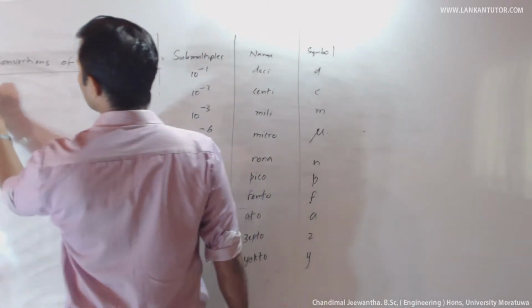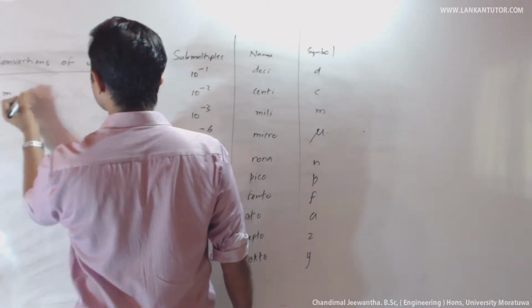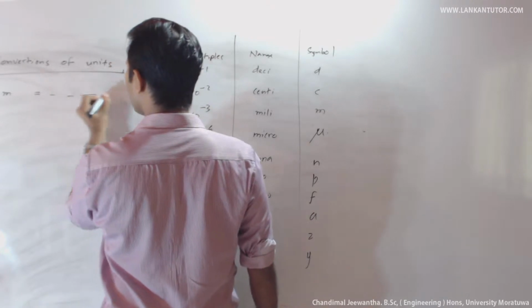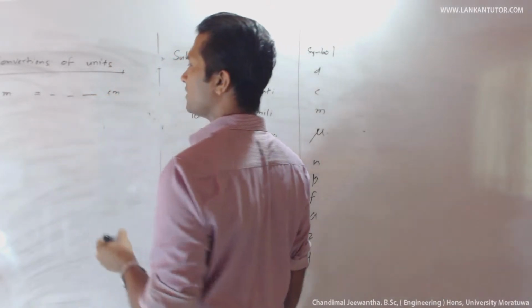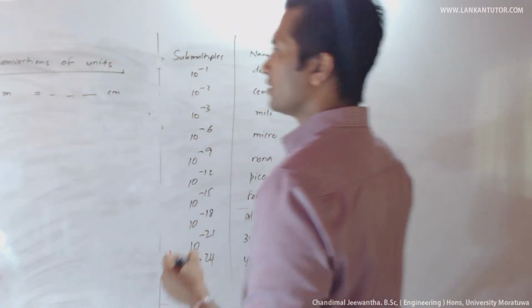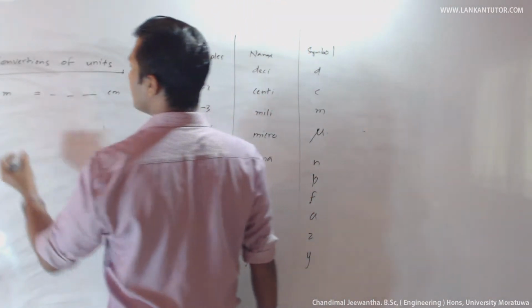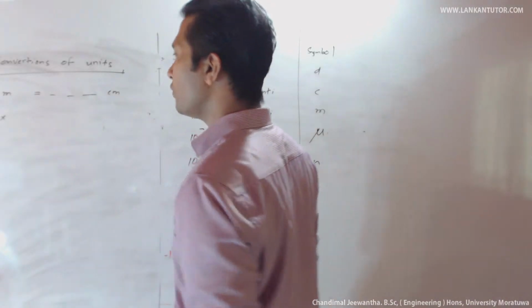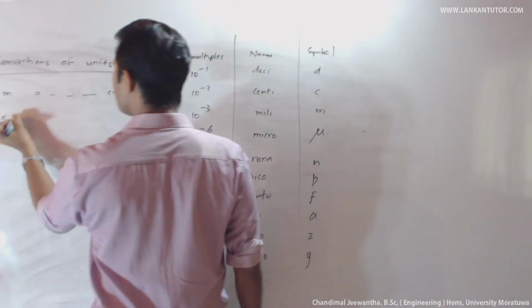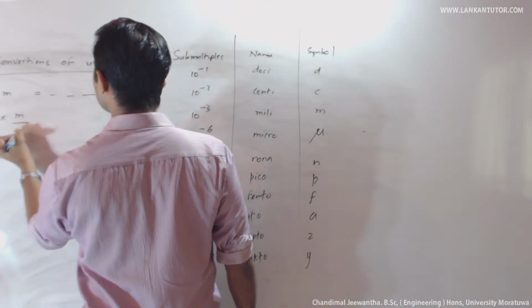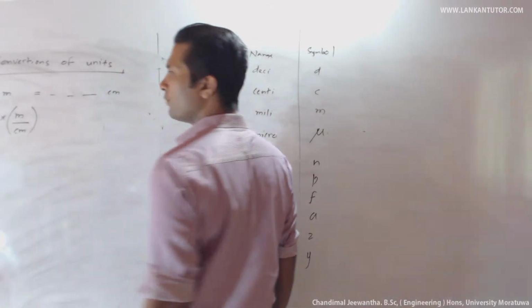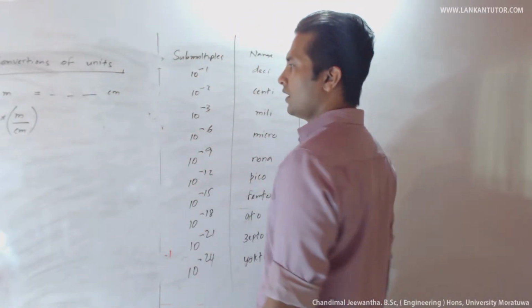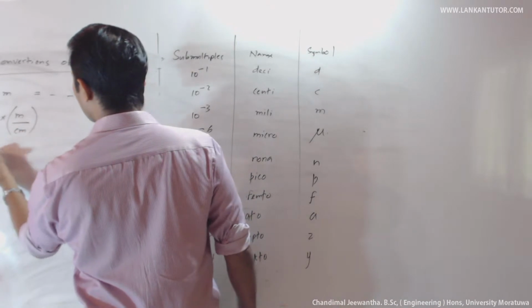For example, you can consider 10 meters converting into centimeters. The procedure should be, the initial unit is simple m. It should be divided by the final unit. Then meter getting cancelled off.